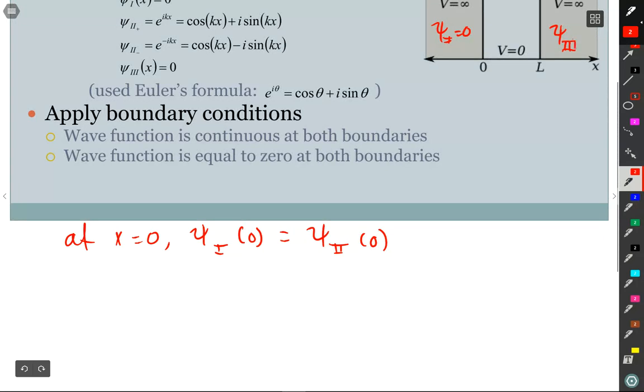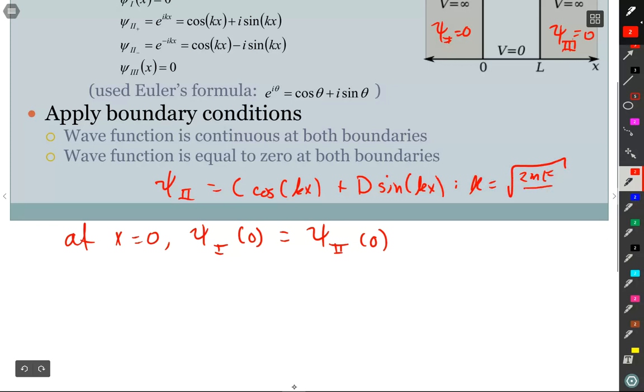So we already had those, and then we had psi in region 2 equal to c cosine of kx plus d sine of kx, where k was equal to the square root of 2mE over h bar squared.